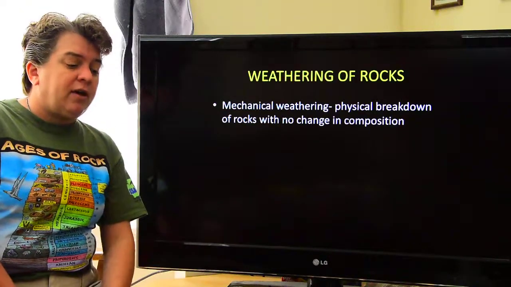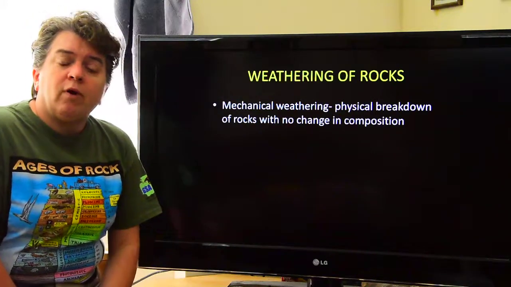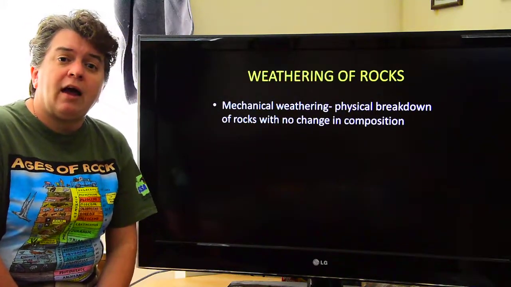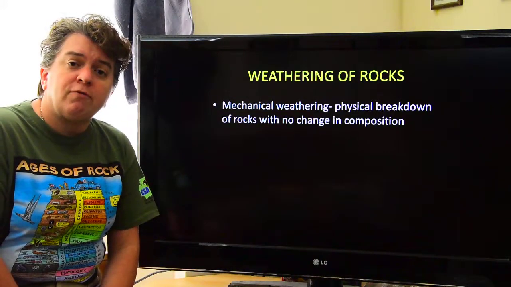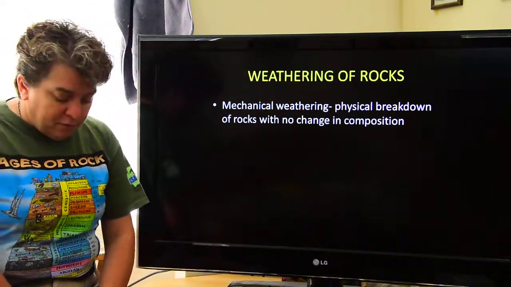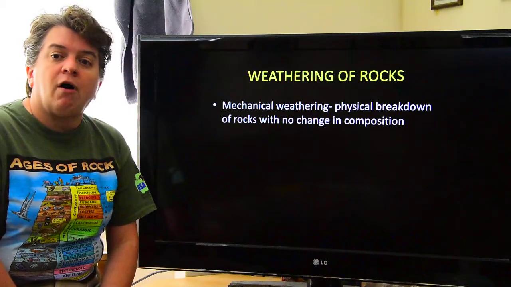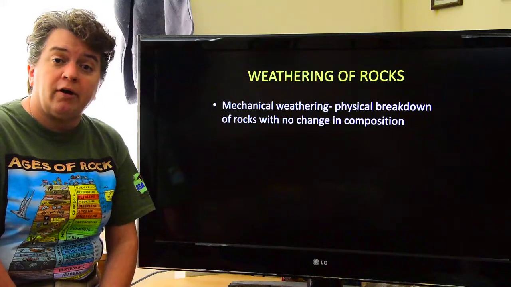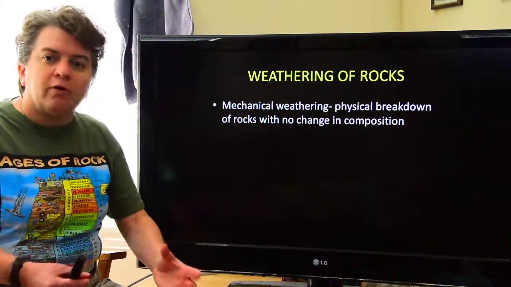So in lecture today, we're going to take a look at how soils form, what different types of soils we have, and how we can prevent soil erosion from happening. Soils are created because on Earth's surface, rocks will get weathered. One part of the soil is this weathered rock material.